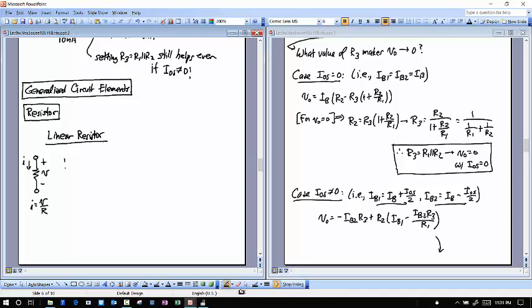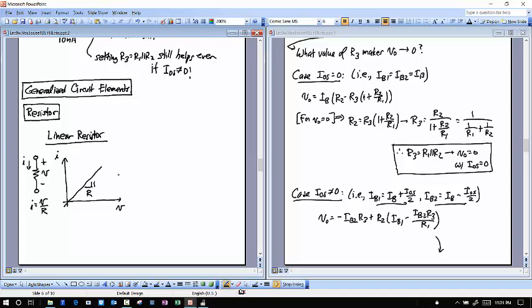If I want to graph that transfer function, with the vertical scale being the current and the horizontal scale being the voltage, then this is going to plot out a straight line that has a slope equal to 1 over R. Okay, so that's our linear resistor.